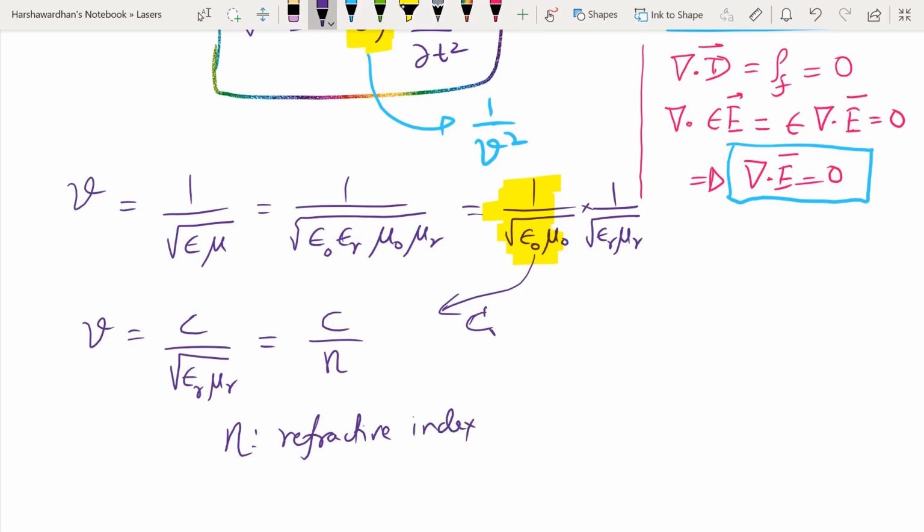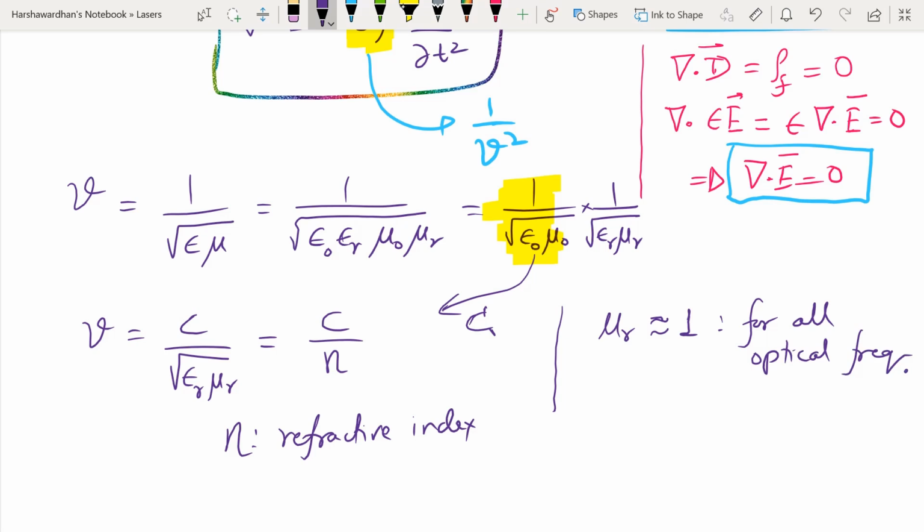Now let me repeat a note I had made earlier, which is that mu relative is 1 for all optical frequencies, right? This is for all naturally occurring media.